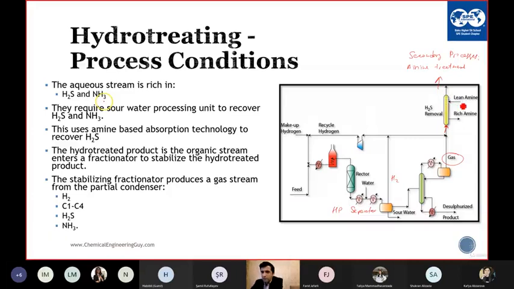Lean amine dissolves the H2S, and then leaves the column. And the treated, let's say, gas leaves the column from top. Rich amine is sent to amine regeneration, where the H2S is removed from amine, and then again the lean amine is sent back to the process.